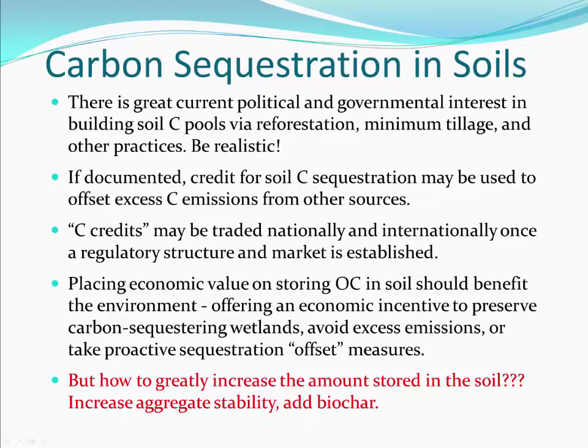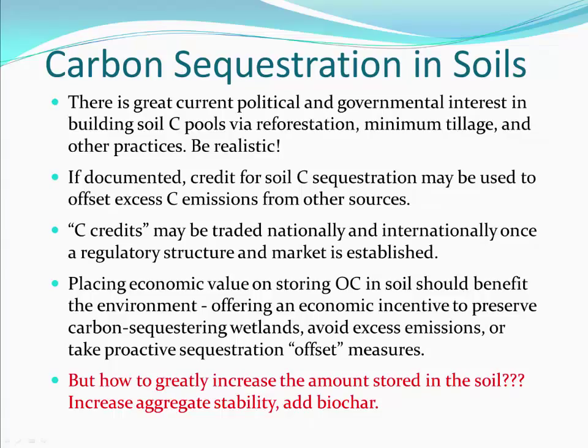But how can we greatly increase the amount of carbon stored in the soil? The two ways that I think are easiest are to increase aggregate stability and to add biochar. Of all the measures, I think those are the two that lend themselves to the longest term protection of carbon from microbial breakdown.